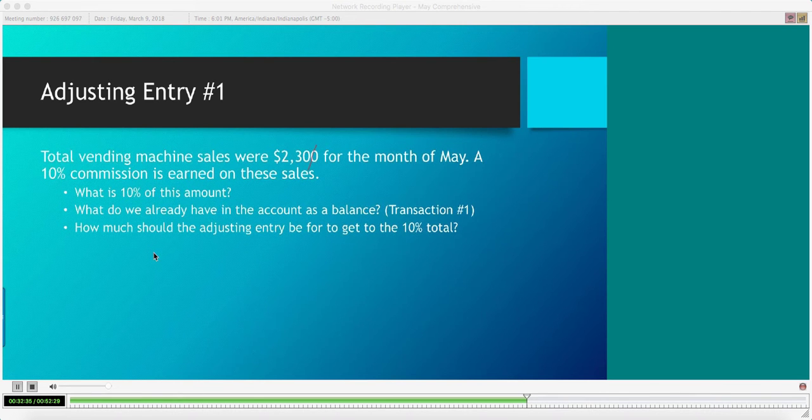Tuesday night, by this point, they did not remember. Close. We were paid $200. We were given a check for $200 for what they assumed would be our commission. So since we earned $230 and they only paid us $200, how much is our adjusting entry going to be?